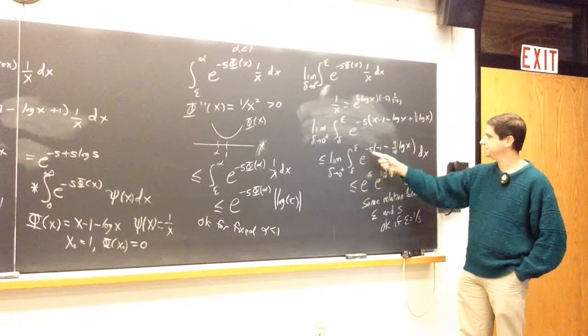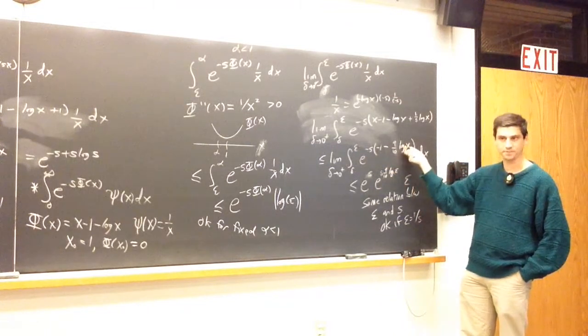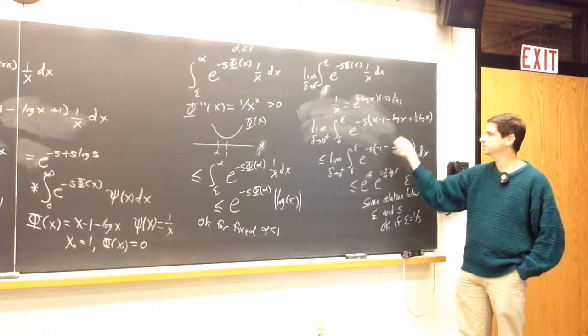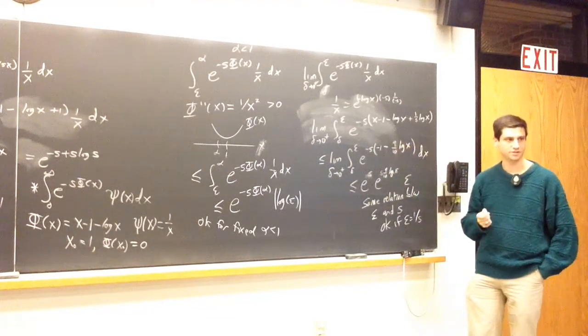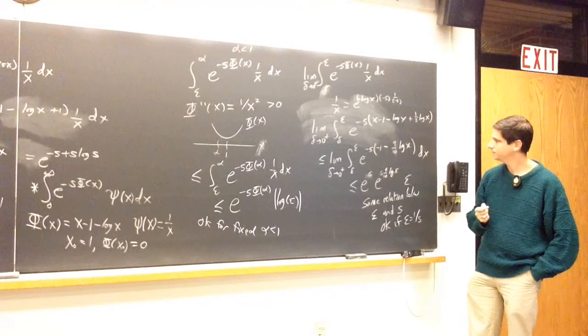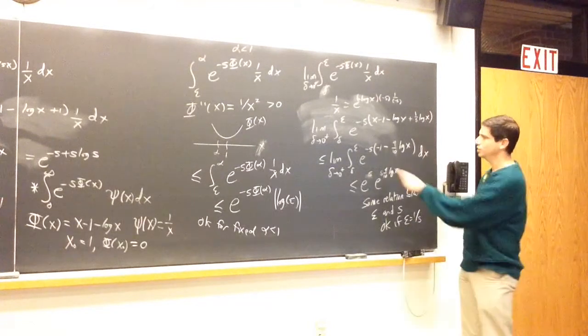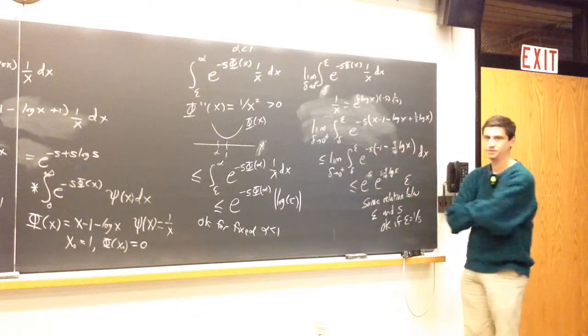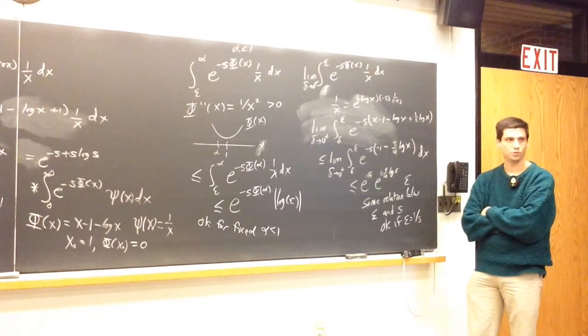If we write this as e to the negative s log x, this becomes x to the s, or x to the negative s. So the negative and the negative becomes a positive, right? And this would become x to the s, right? What can you tell me about x to the s?